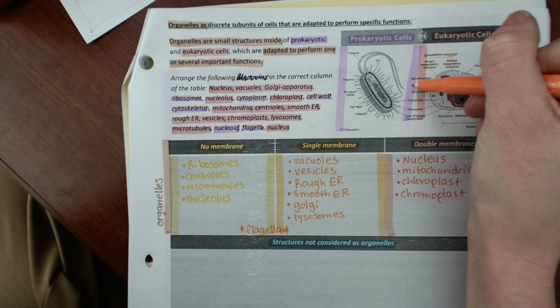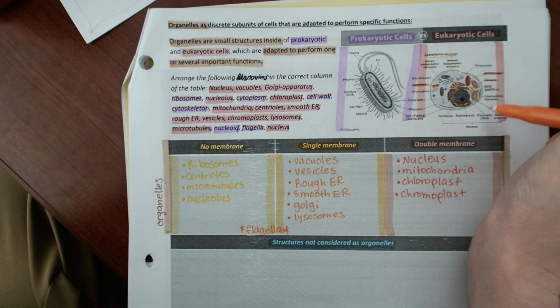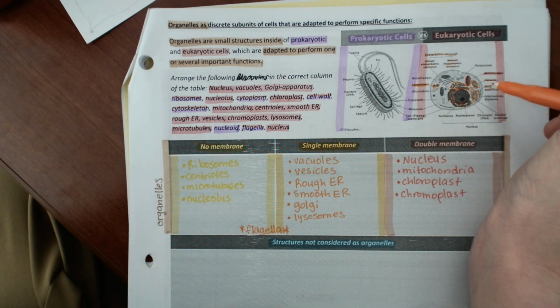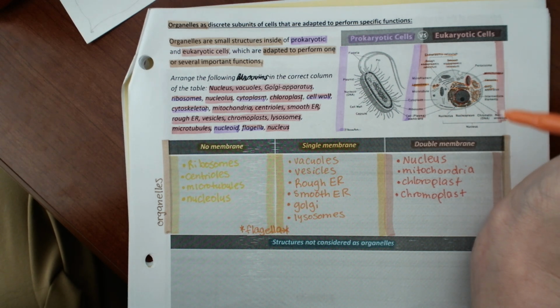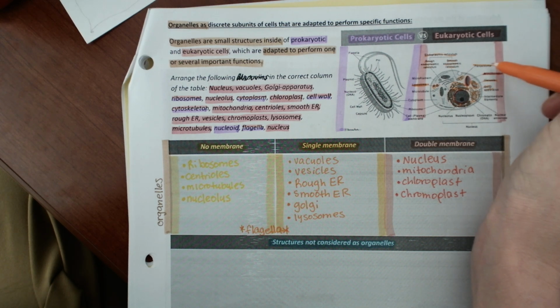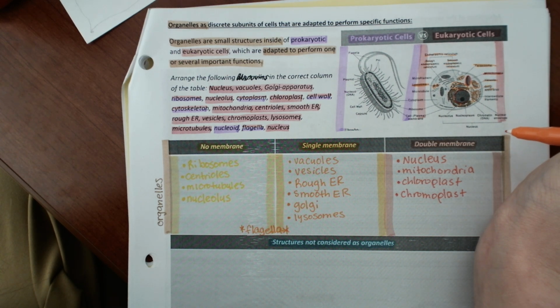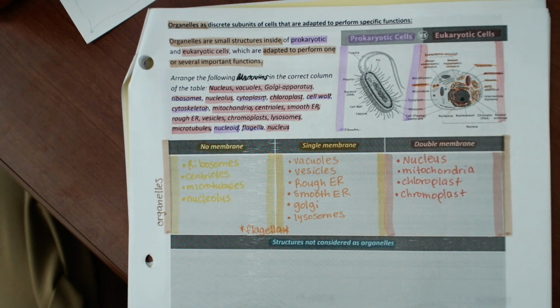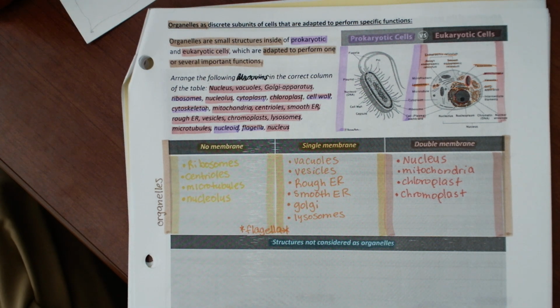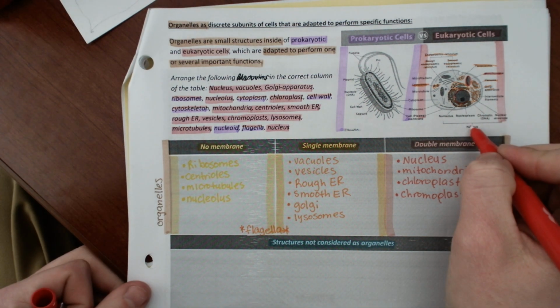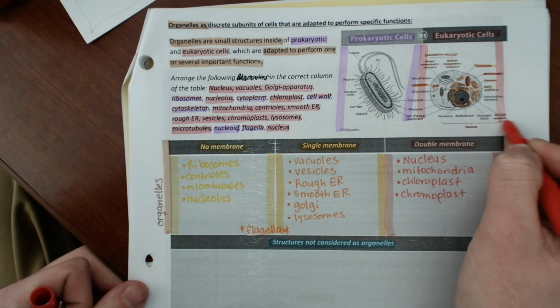Lysosome. I guess your membrane's technically a membrane. Oh, I guess a peroxisome would have one. I think that's it. Oh, shoot. Nucleus, nuclear envelope.